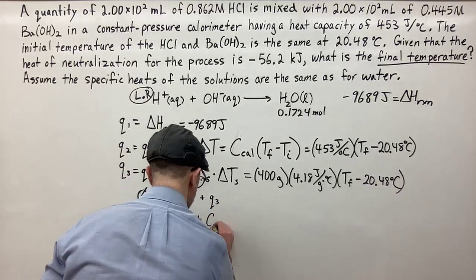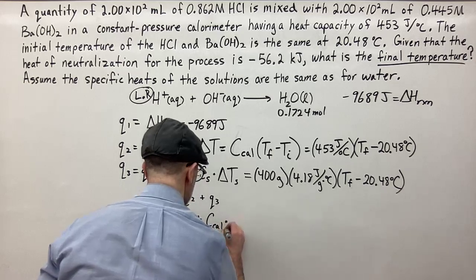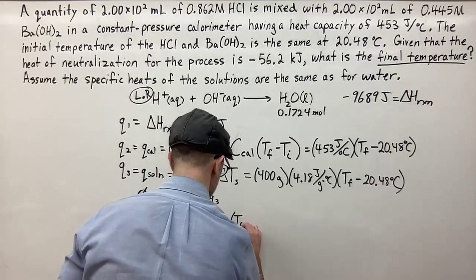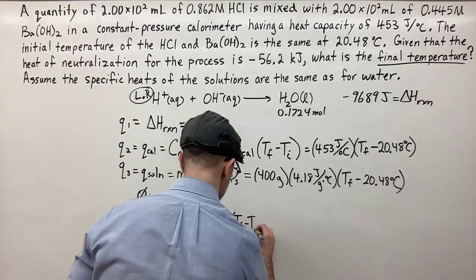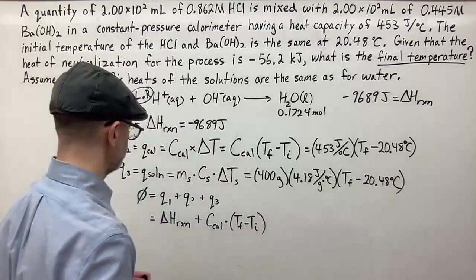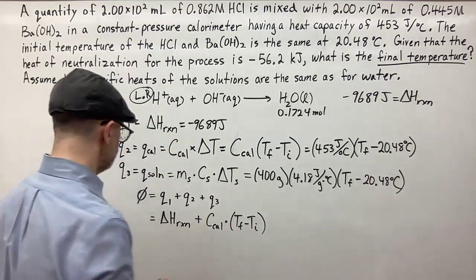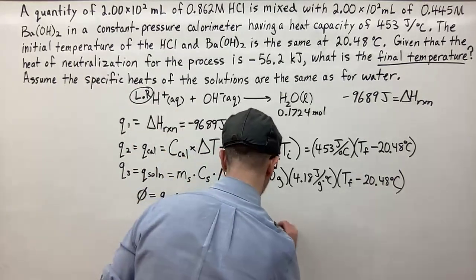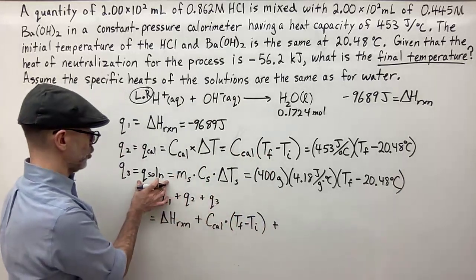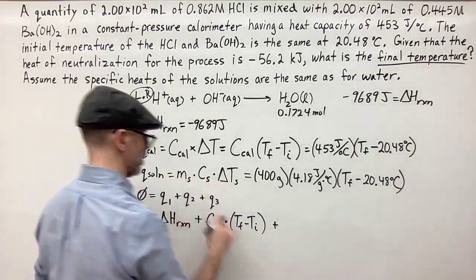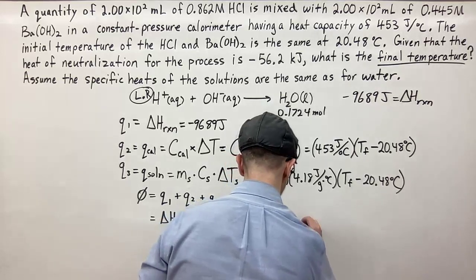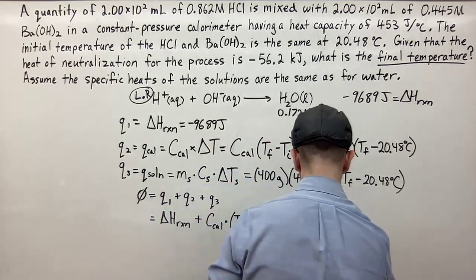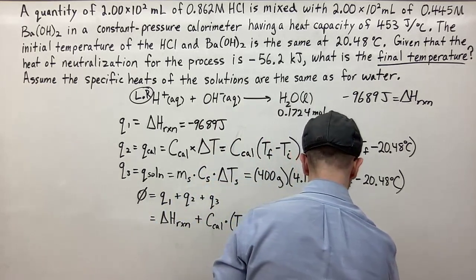The specific heat of the calorimeter multiplied by final temperature minus initial temperature of the calorimeter. So Q2 is this. And then we're going to add to that Q3, which is the Q of the solution. So it's going to be the mass of the solution times the specific heat of the solution times the delta T, which is, again, final temperature minus initial temperature.